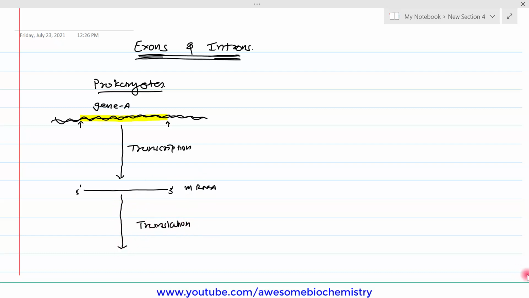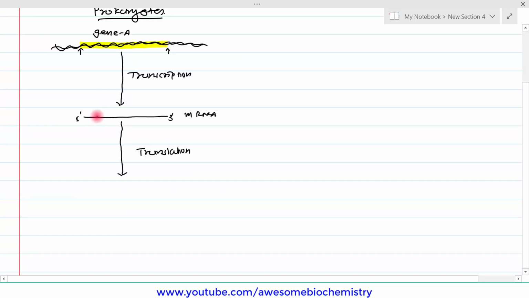Suppose this is the translation start site and this is the translation termination signal. Starting from this and ending with this, this length of mRNA codes for the protein. So, protein gets synthesized. This is the N terminal and this is the C terminal of the protein.